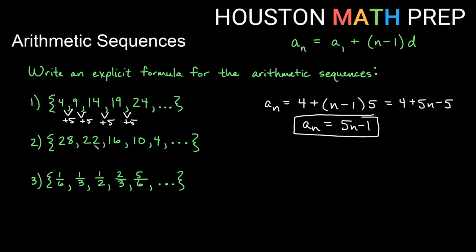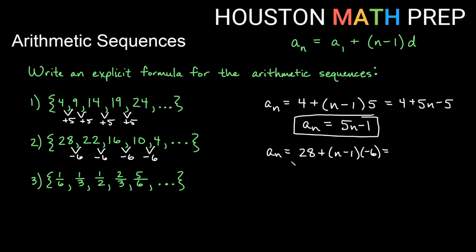Let's look at the second one here. I've got 28, 22, 16, 10, 4. We are going down by 6 each time, so it's minus 6 for our common difference. Negative 6. If I take any term and subtract the term before, I get negative 6. So for this one, a sub n equals a1, my first term is 28, that's included in the formula, plus n minus 1 times my common difference, which is negative 6.